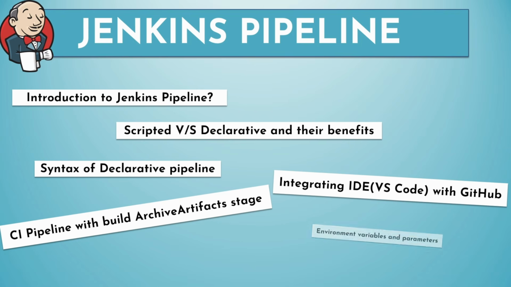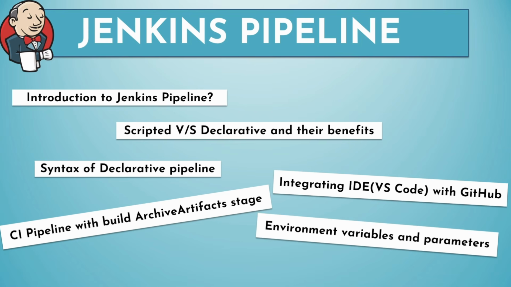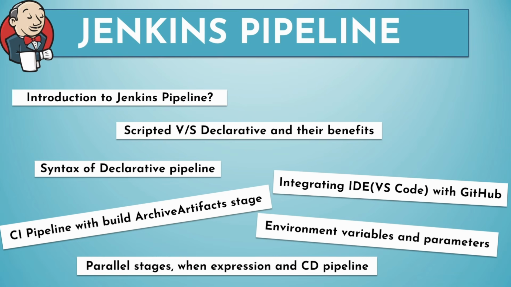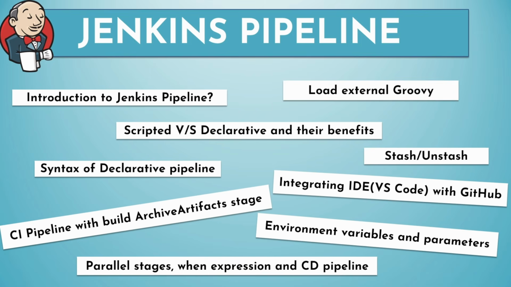Then we will use environment variables and parameters inside the pipeline, and also introduce parallel stages, when expression, and a complete CI/CD pipeline using the stash and unstash feature of Jenkins. At the end, we'll see how you can load an external Groovy script inside the pipeline and call its methods externally. So please watch the video till the end as there will be a lot more to it, and I'll be covering everything about Jenkins pipeline from a beginner to an intermediate level.